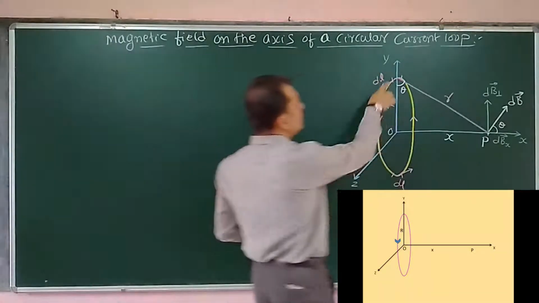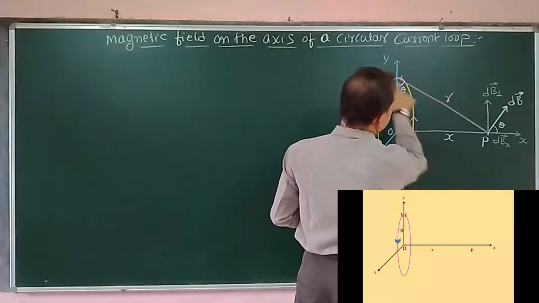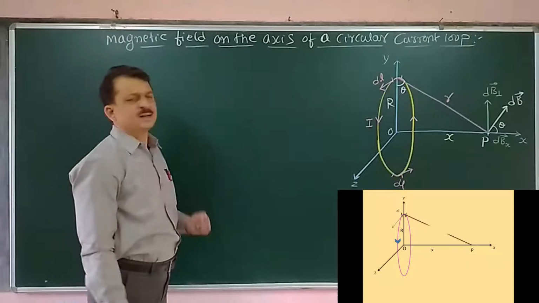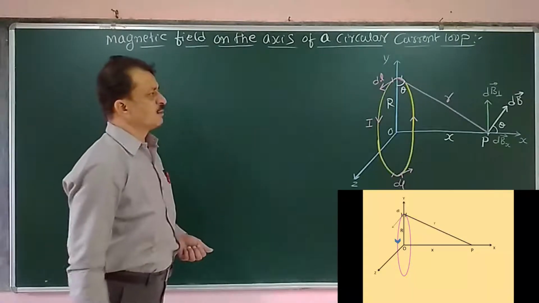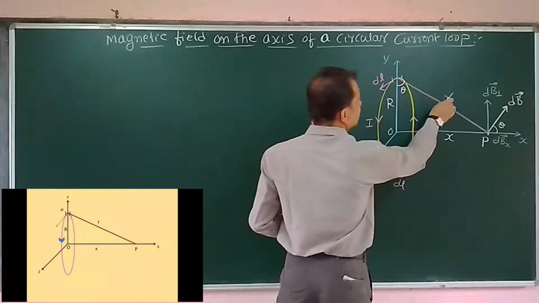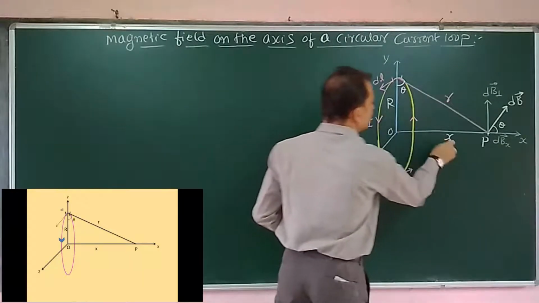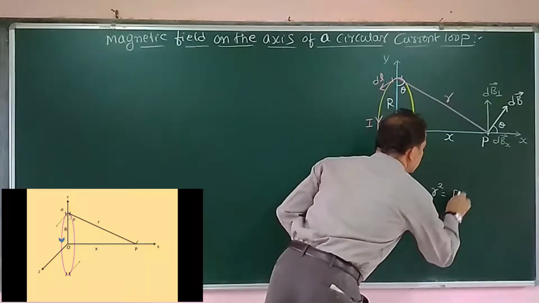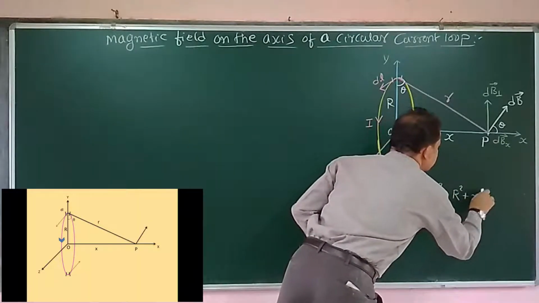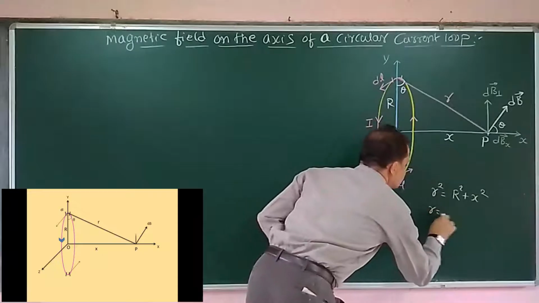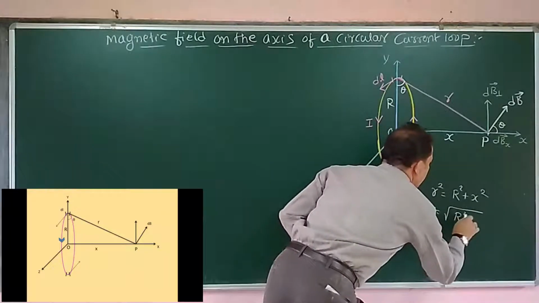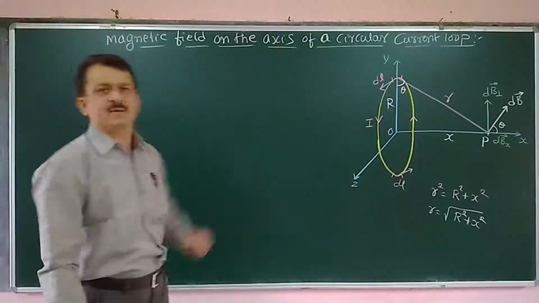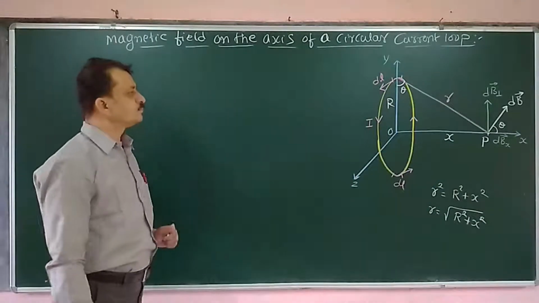Now this current element is at a distance small r from the point P. From Pythagoras theorem, we can obtain the relation between small r, capital R and the distance x as r square is equal to R square plus x square, or small r is equal to square root of R square plus x square.